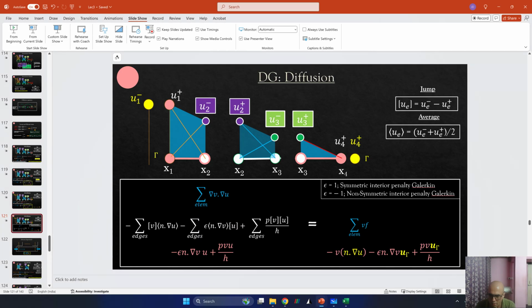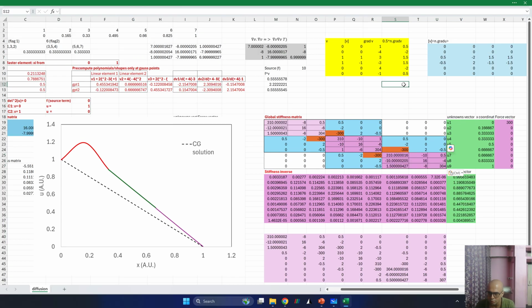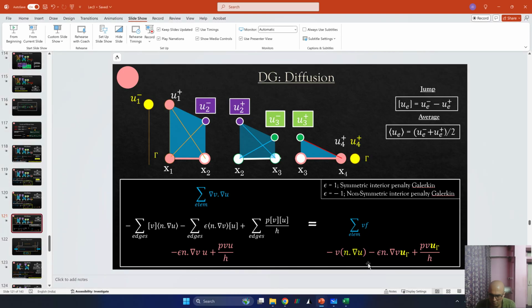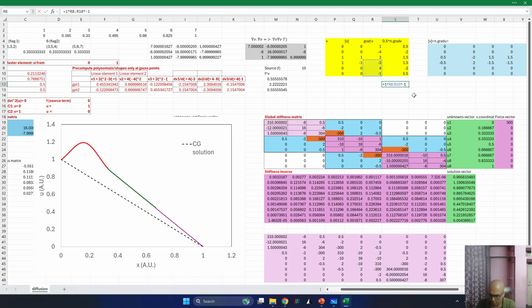This contribution is epsilon, which is 1, into n into gradient, which is just this, into -1 for your left boundary, into your Dirichlet boundary condition, which is 1.